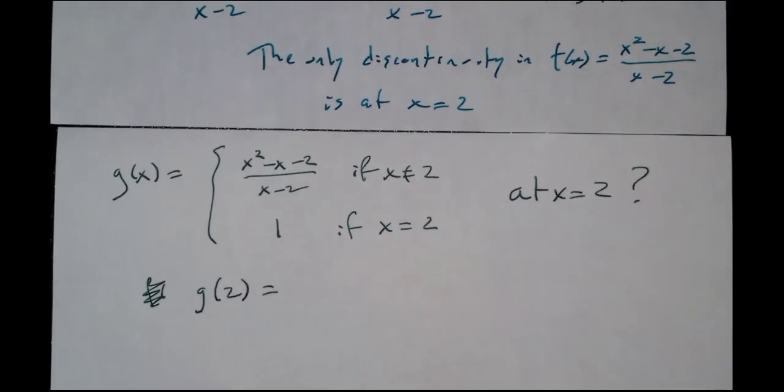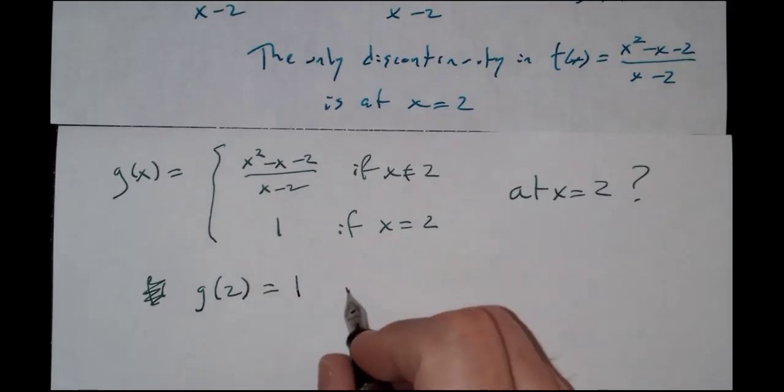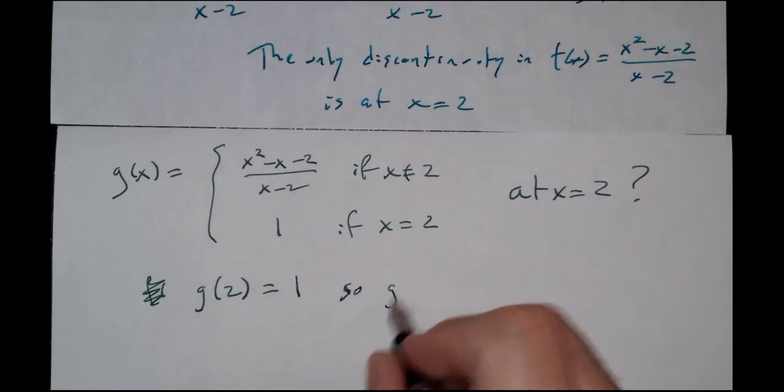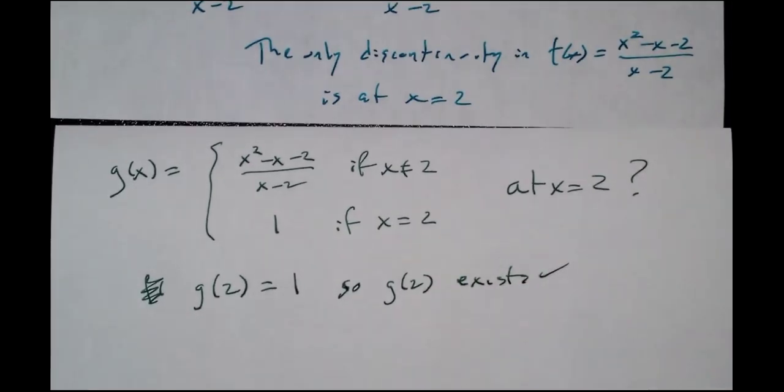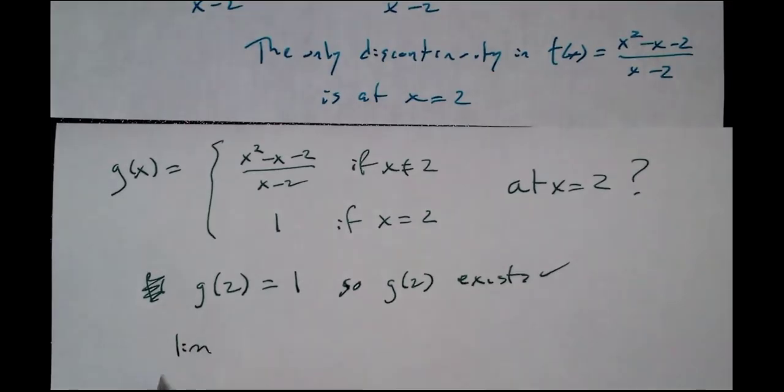Does g of 2 exist? Yeah, right there. g of 2 is 1. What about the limit as x approaches 2 of g of x?